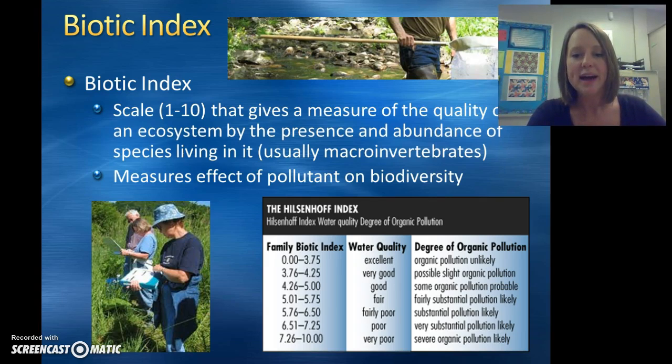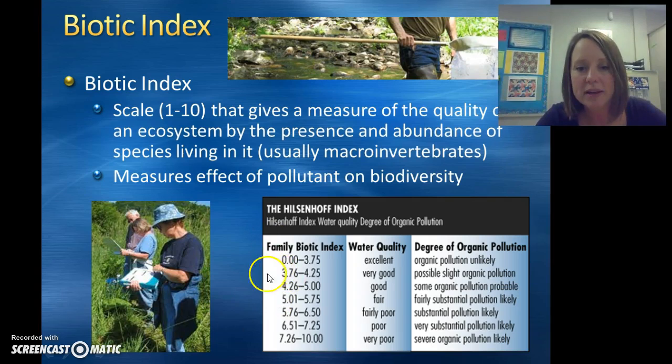So if you have a fairly low biotic index, if you look in the diagram here at the bottom, ranging from 0 to 3.75, that is excellent water quality. That means that you have very little chance of having organic pollution. You can see as those numbers get higher, as you get closer to a 10, the water quality is very poor.